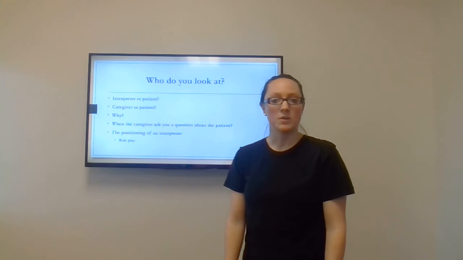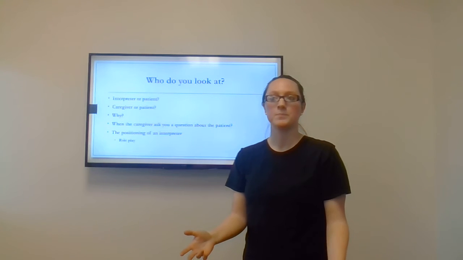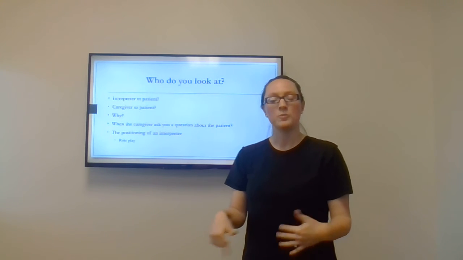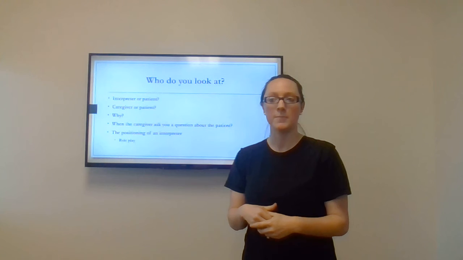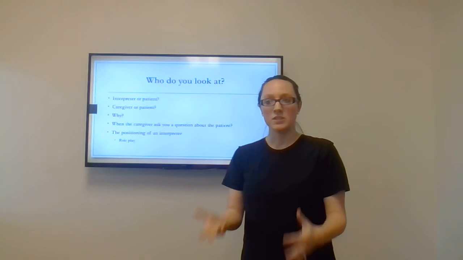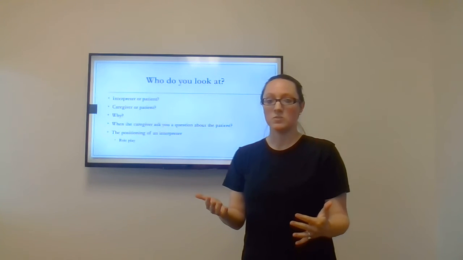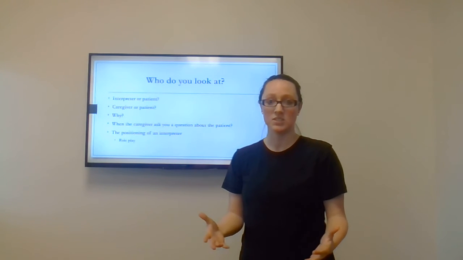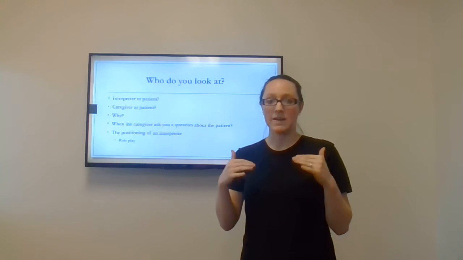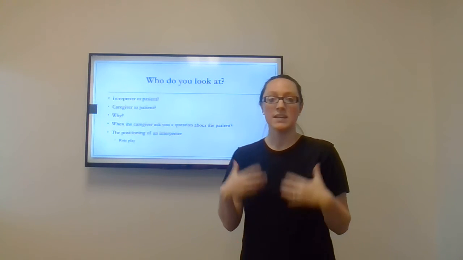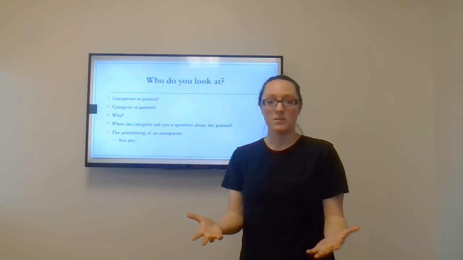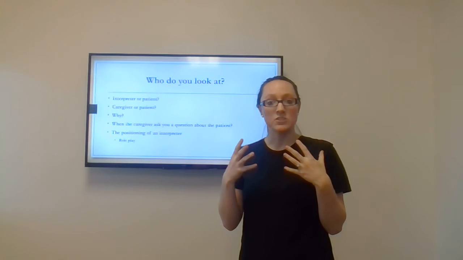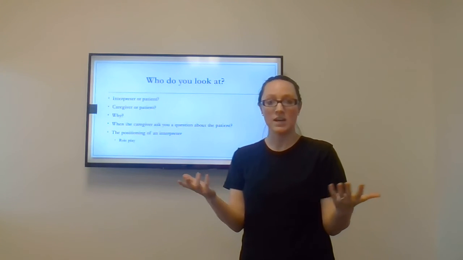Also, I wanted to talk a little bit about interpreter positioning. So the interpreter's number one job also is to make sure that they are eye level with the patient. So when the patient moves to different positions, they need to still have that eye contact readily available, because like we talked about earlier, ASL is about facial expressions, hand gestures, and signs.